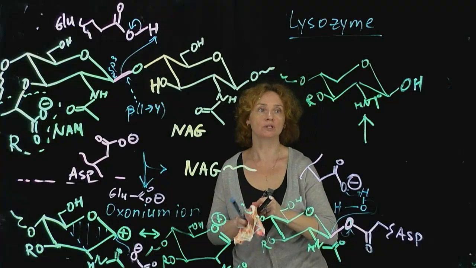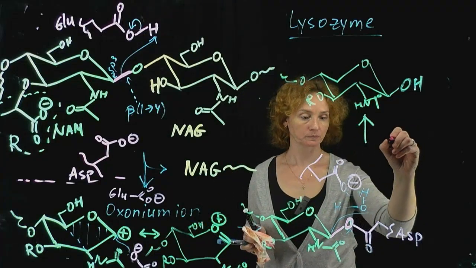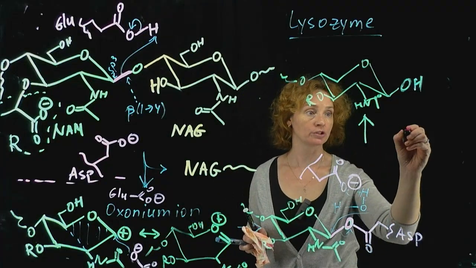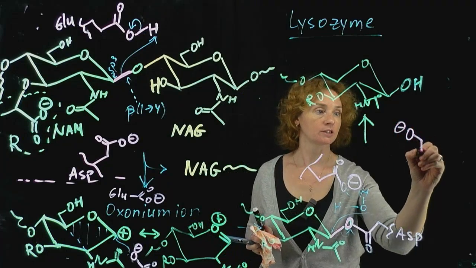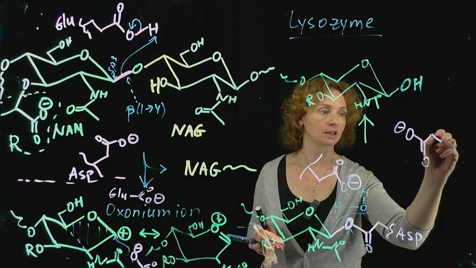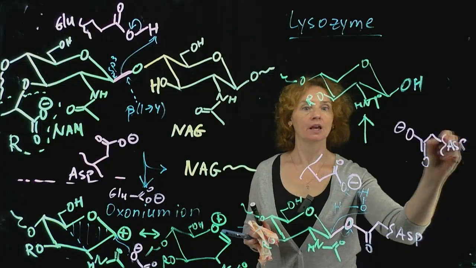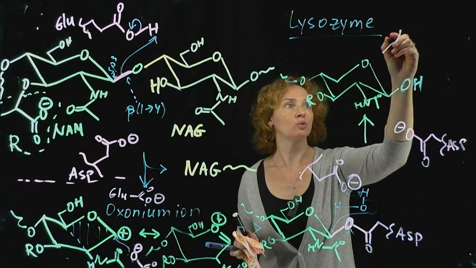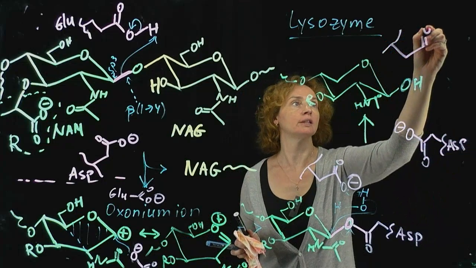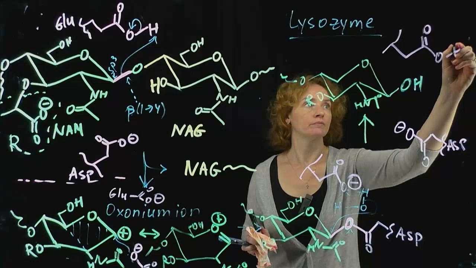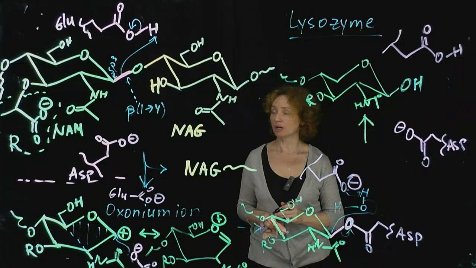And of course, the catalytic side chains will be regenerated. So aspartic acid will be back to deprotonated state. And glutamic acid will be back to the protonated state. And will be ready for the next round of catalysis.